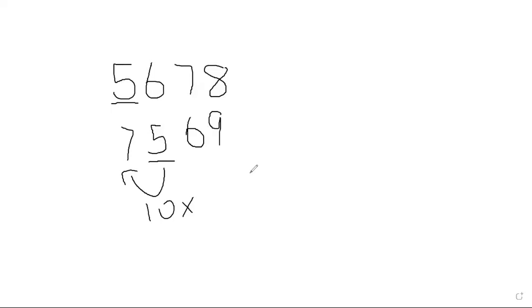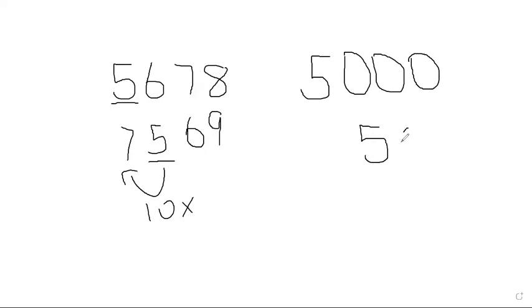My second strategy will be to use multiplication. So my first 5 is worth 5,000. And my second 5 is worth 500.